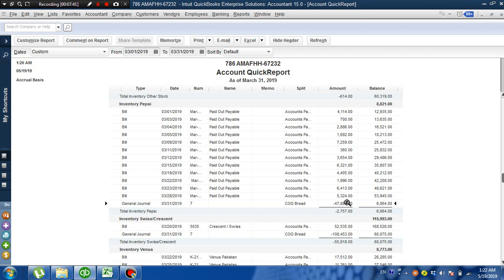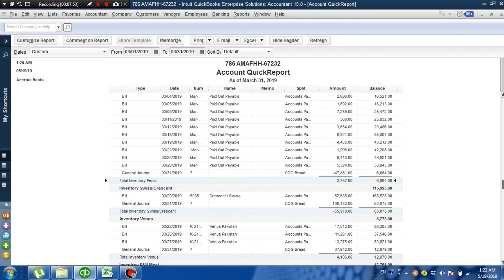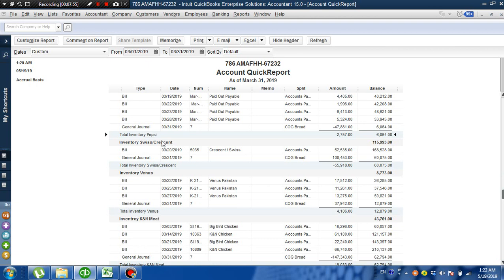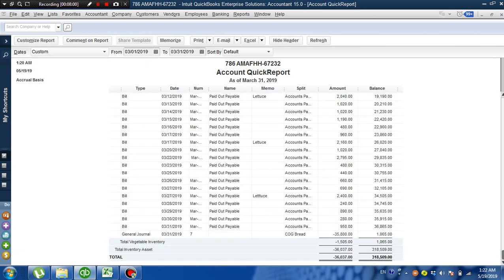Because of this 47,881, an adjustment is made to this. This is why we have only a purchase of 2,757 rupees. And look at this inventory of some other vendor. Well, the purpose of showing you this report is that we already have the purchases with us, and when we receive an ending inventory, then vendor wise we decide the cost of every item.